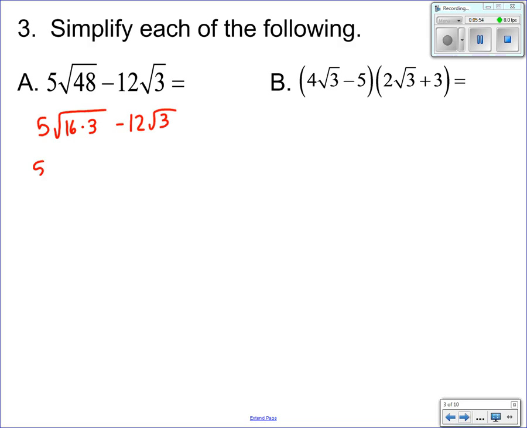So I have 5 times 4 times root 3 minus 12 root 3. That's going to be 20 root 3 minus 12 root 3. The only way you can combine these is if what's underneath the radical is exactly the same. They are, so 20 minus 12, that's going to be 8 root 3.